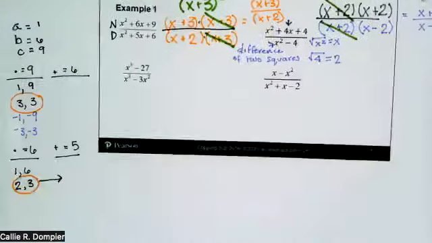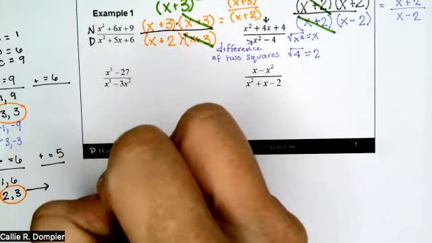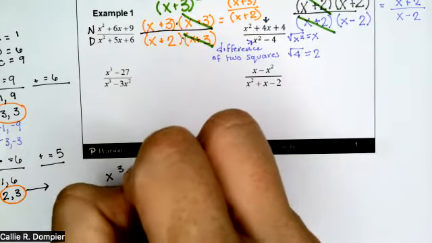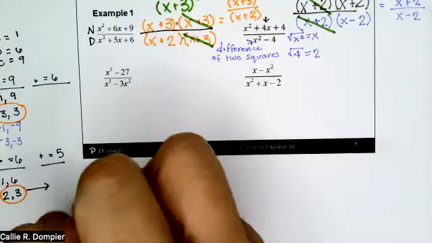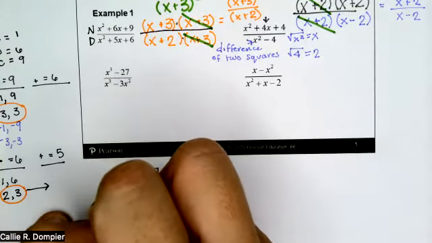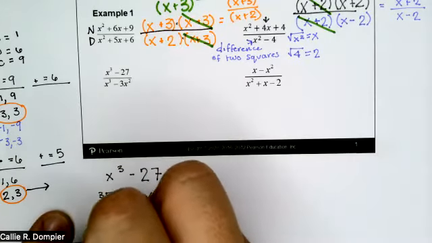The third one is getting a little busy, so I'll rewrite it down here. X cubed minus 27. Now I said cubed. I know that the cube root of x cubed is x, right? Is there a perfect cube of 27?